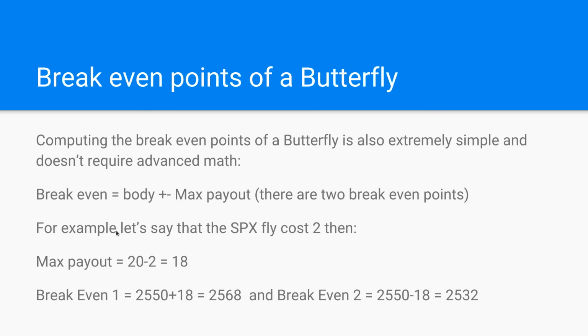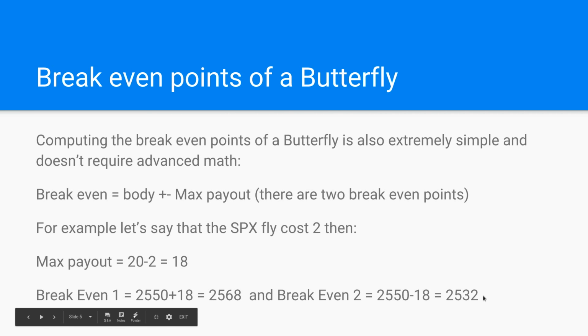So in the case of this fly, I have a short example there, we have a cost of $2. So the max payout is 18 and the break-even points are very easy to compute. I just add 18 to the body. So the butterfly will break even if XPX is at 2,568 on expiration, and it will also break even if it is at 2,532.